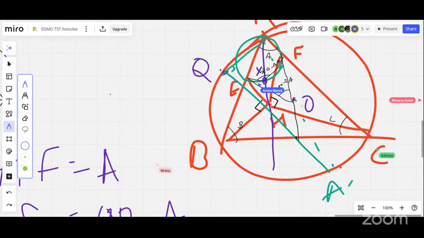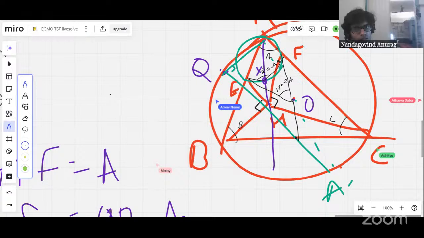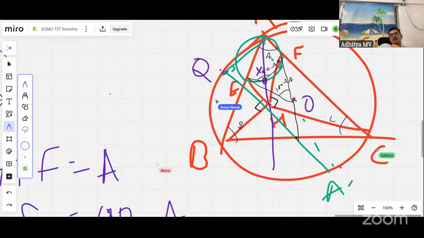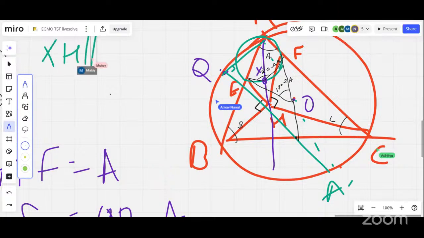So QXO. You just have parallel lines XH and OM, and you want to show that they concur on the circumcircle. Yeah. XH parallel OM, and you want to show their intersection lies on the circumcircle. I see.